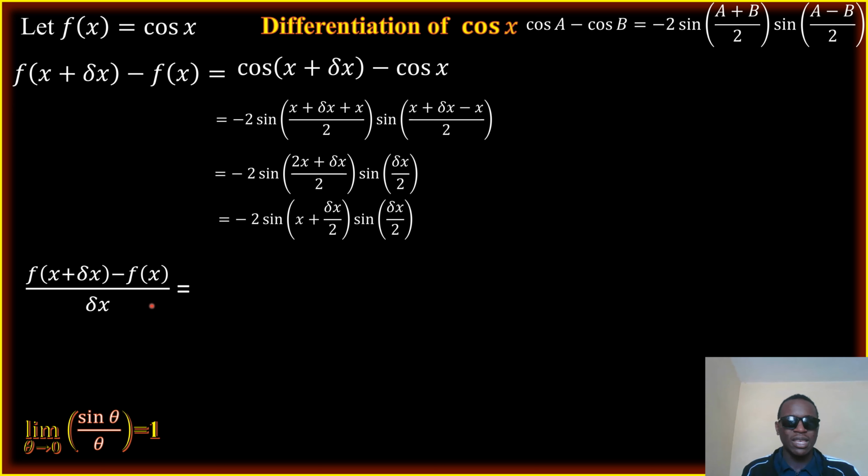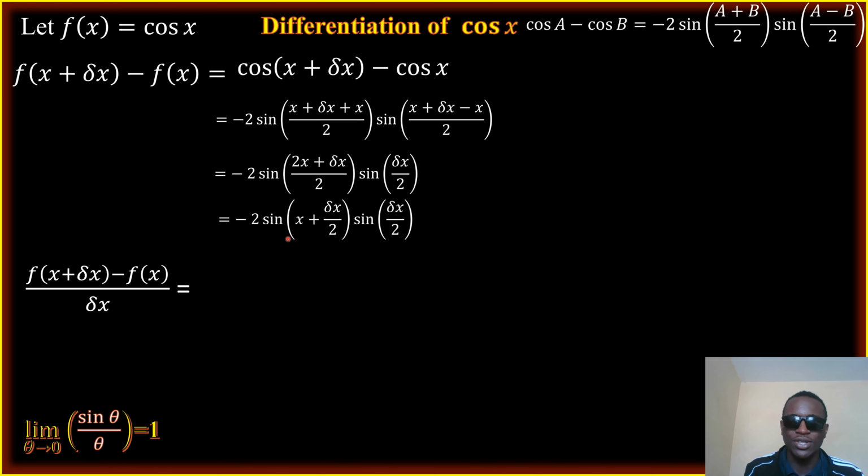Then the next step of our process is to get this ratio. After you've gotten the difference, the next step now is to look for this ratio: delta y, that's change in y, remember this change in y at the numerator, over change in x. So I have delta y on delta x equals to what?